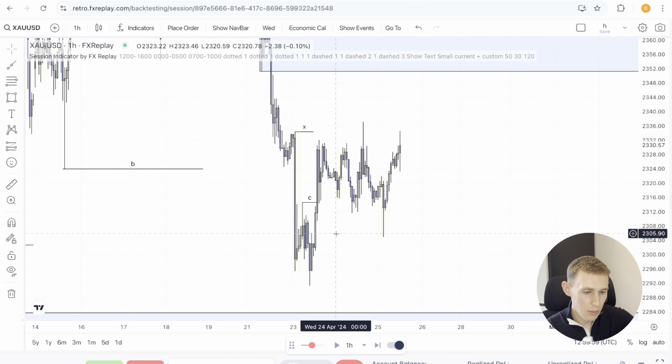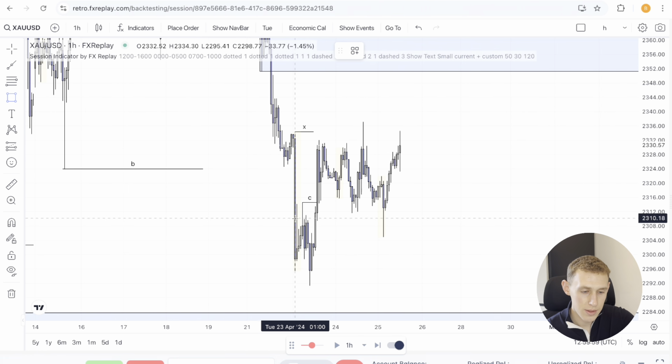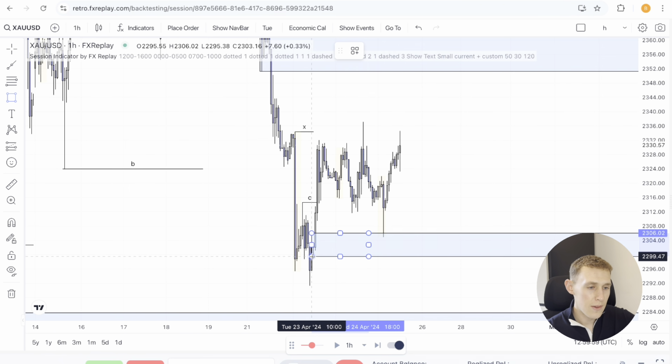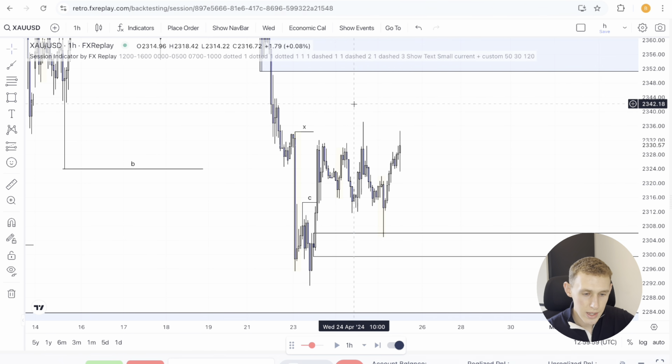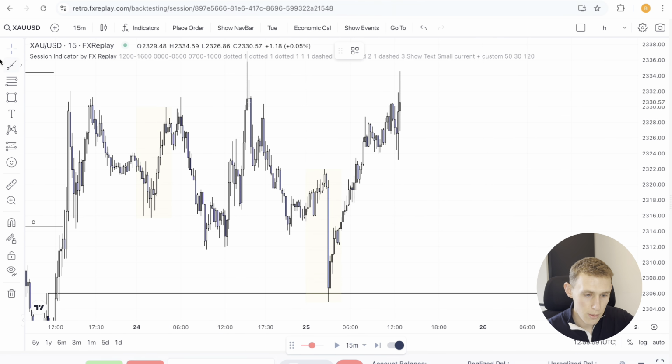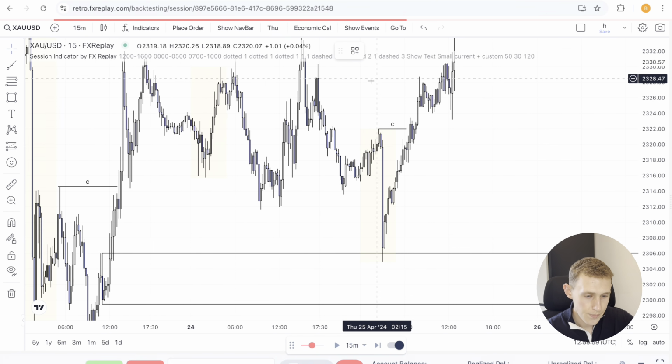So what I actually skipped over here and what I missed was the fact that you had this change of character. Price has now tapped into this area of demand. That's where we should have been entering from. But I think if price can present a re-entry here, which I think it has just done. So we've had this change of character from that hourly demand that it swept these lows into.